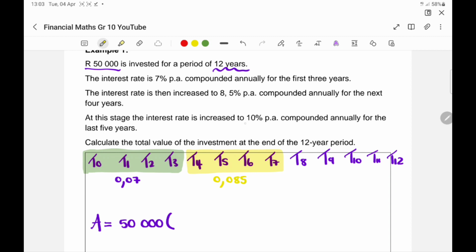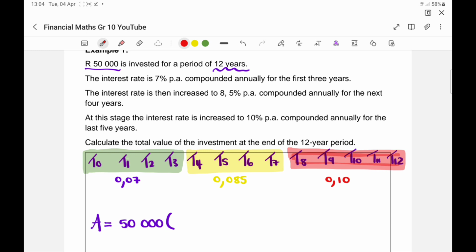At this stage, the interest rate is then increased to 10% compounded annually for the last 5 years. 1, 2, 3, 4, 5 that's left. Okay, so that would be 10% or 0.1 for the last 5 years.